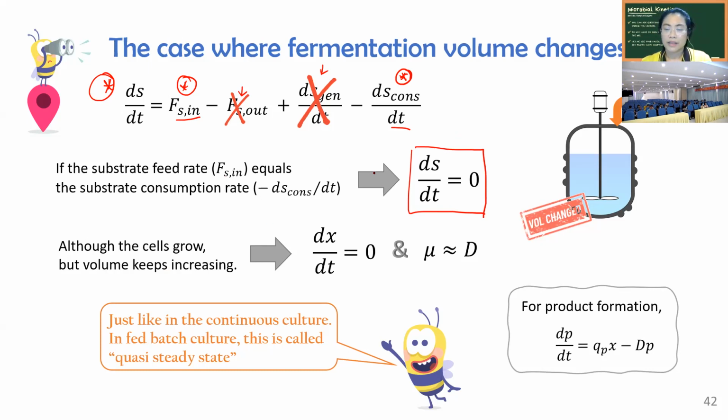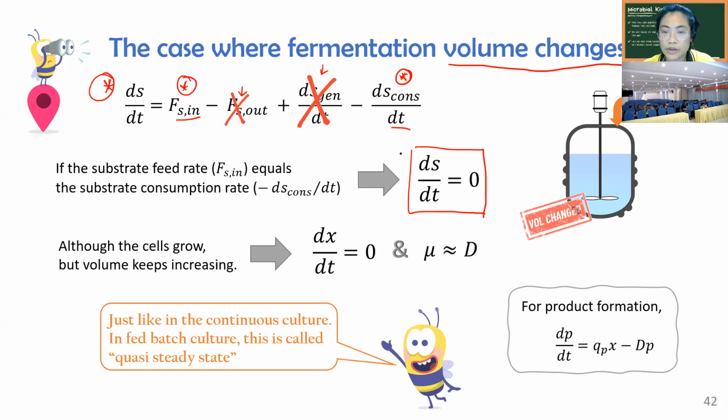But dS/dt equal to 0 doesn't mean that there's no cell growth. You put in the substrate, the cells grow, it's just that they use the substrate fast. So you see no change as soon as it goes in, the substrate is used, but the cells grow. But at the same time, since what you add makes the volume change, even though the cells accumulate, the flow that goes in accounts for the volume that increases in the fermenter.